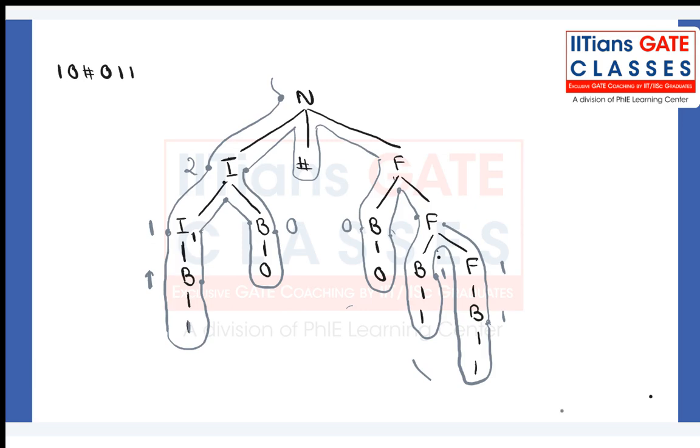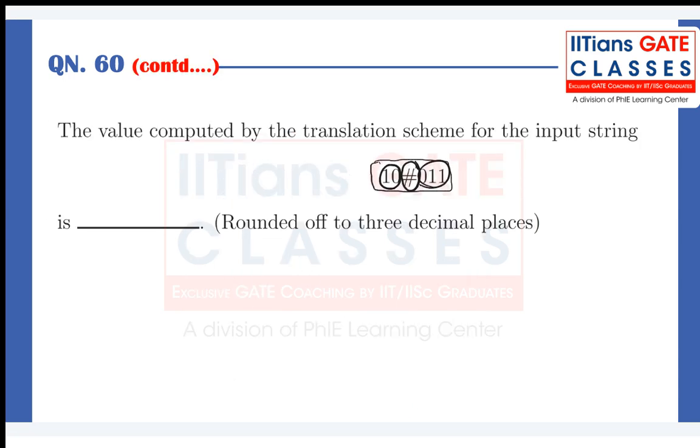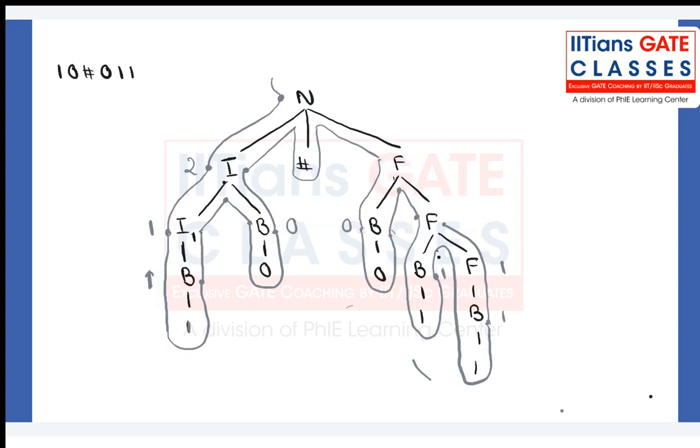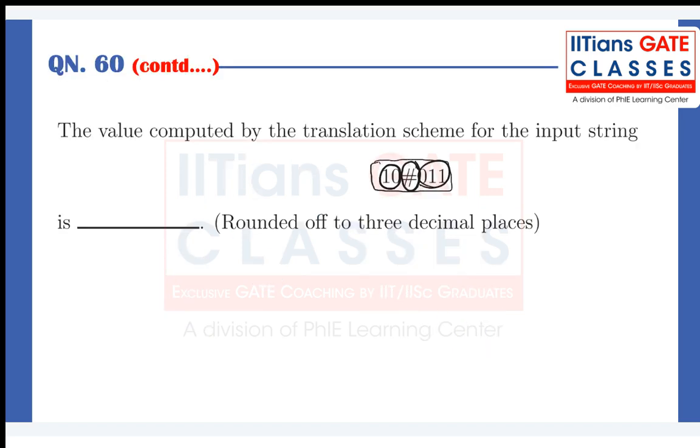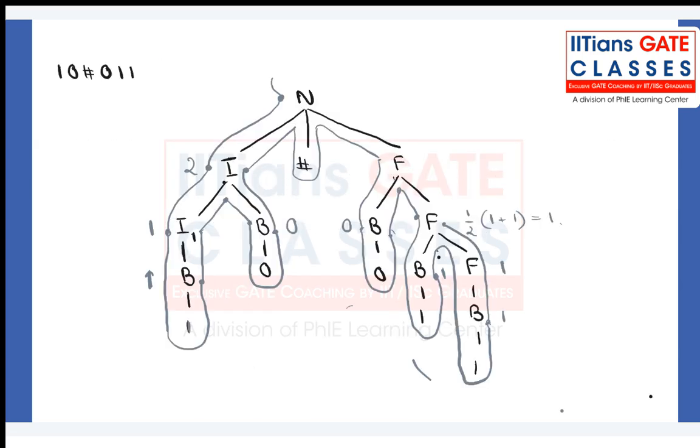Now F derives BF. So F dot val is nothing but half into B dot val plus F1 dot val. Is it correct? Half B dot val plus F1 dot val.